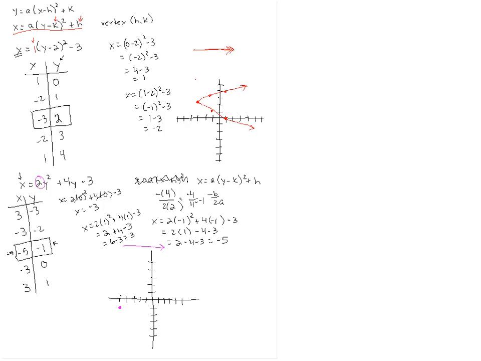We have negative 3, negative 2. We have negative 3, 0. And we have 3, 1. There it is. And there we have our parabola going to the right.